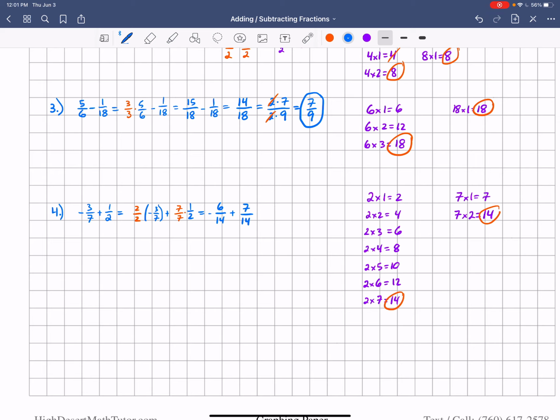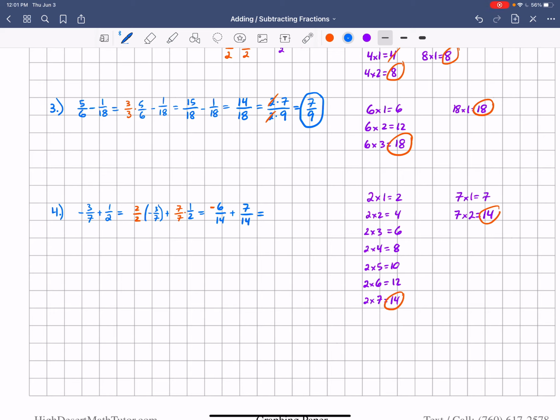The very last step now is to add these numbers, the numbers on the tops of the fractions. But if you wanted to be a little extra clear about how to deal with this negative sign, what we could do is move this negative sign specifically to the top of the fraction. Now we have negative 6 plus 7.